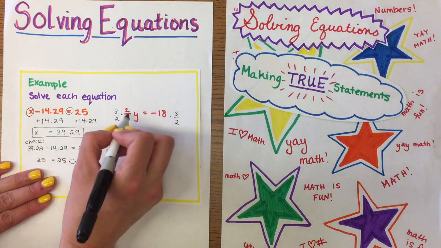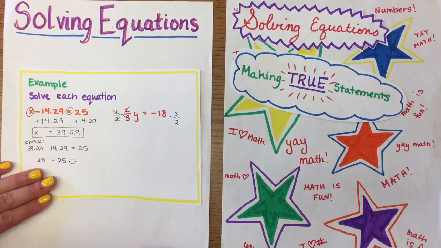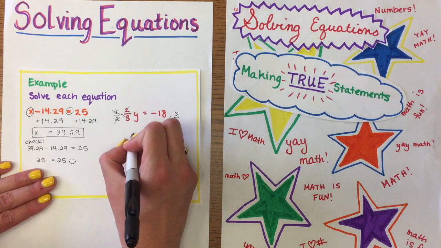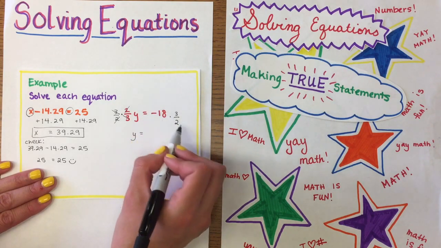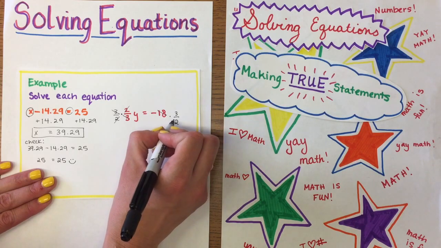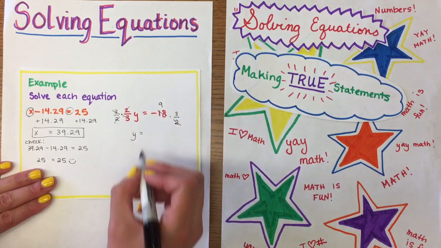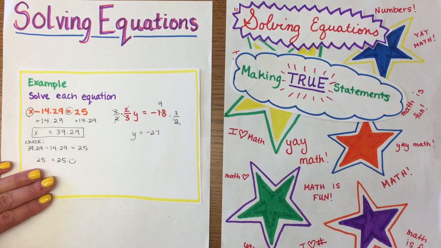So when I multiply 2/3 y by 3/2, my 3's cancel and my 2's cancel, leaving me with 1 times y. Negative 18 times 3/2. I'm going to do the division first here, so 18 divided by 2 leaves me with 9. Negative 9 times 3 is negative 27.